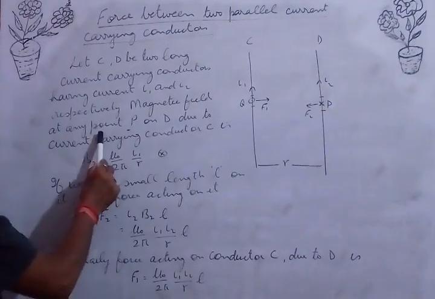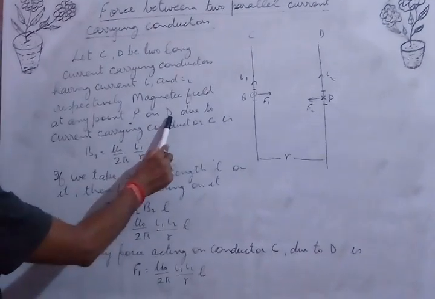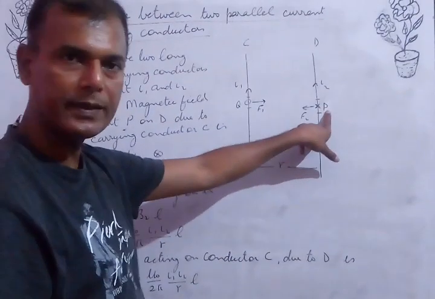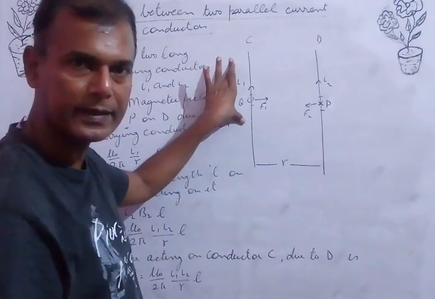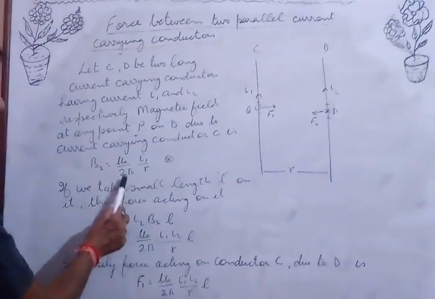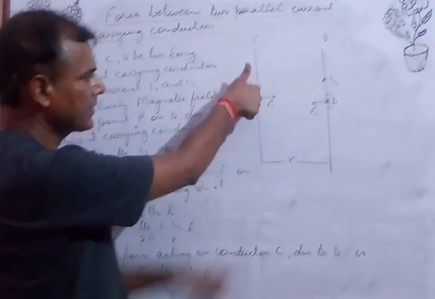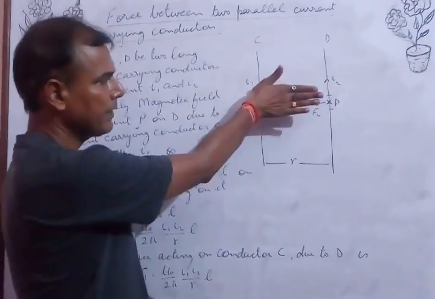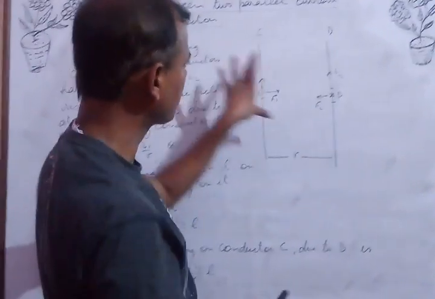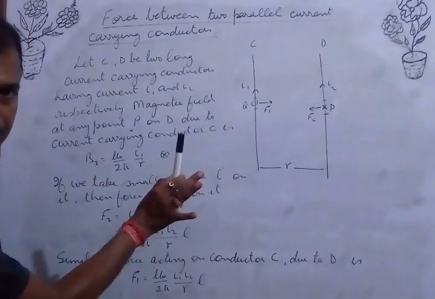Take any point P on D. The magnetic field at P due to the current carrying conductor C is given by B2 equals mu naught upon 2 pi, I1 upon R, and its direction is inward.